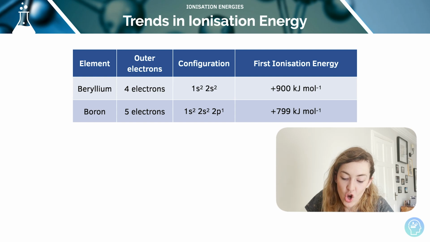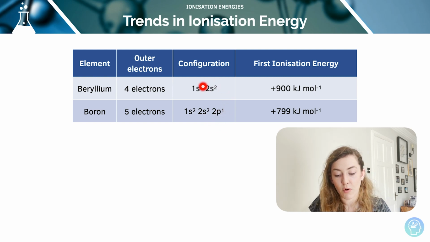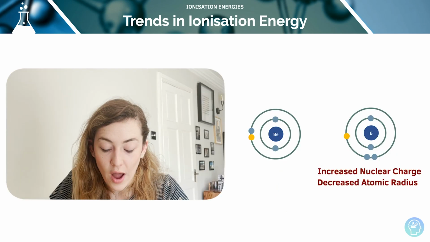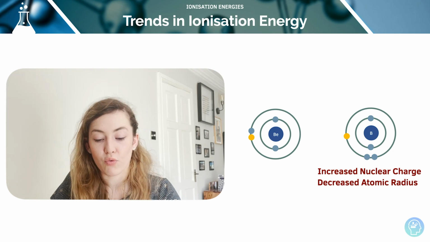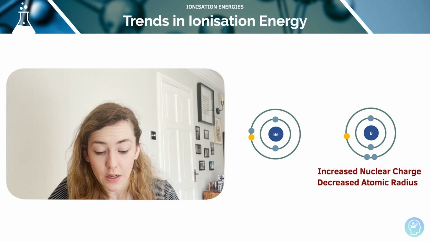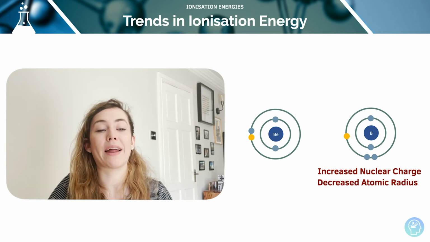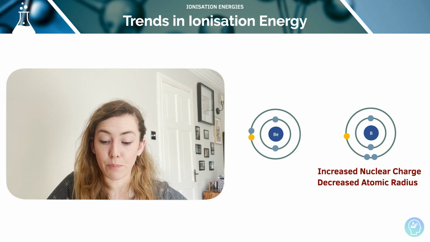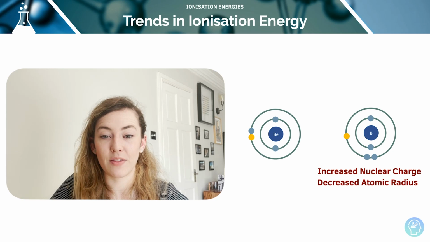And this leads to a lower first ionization energy for boron than it does for beryllium. So the fact it's in the 2p means it's slightly further out and slightly more shielding. So it's actually easier to remove this 2p than it is to remove one from the 2s. So I've just explained the drop between groups 2 and 3, which provides evidence for electron subshells. It changes from the usual pattern of ionization energies, so it proves the difference between the s subshell and the p.